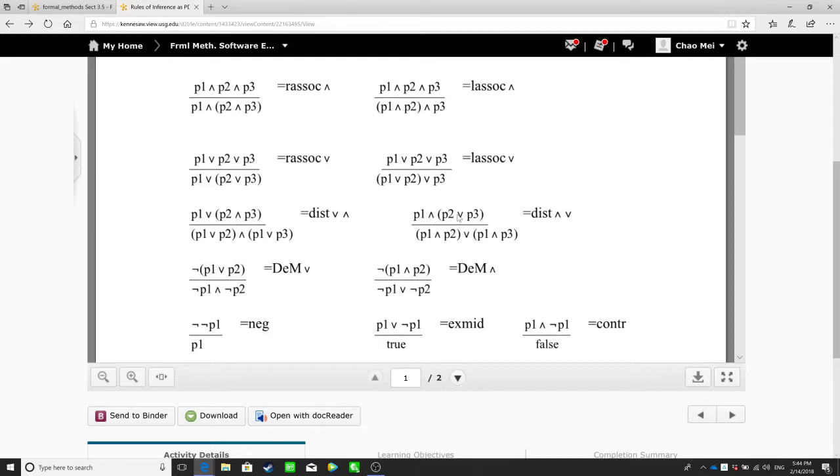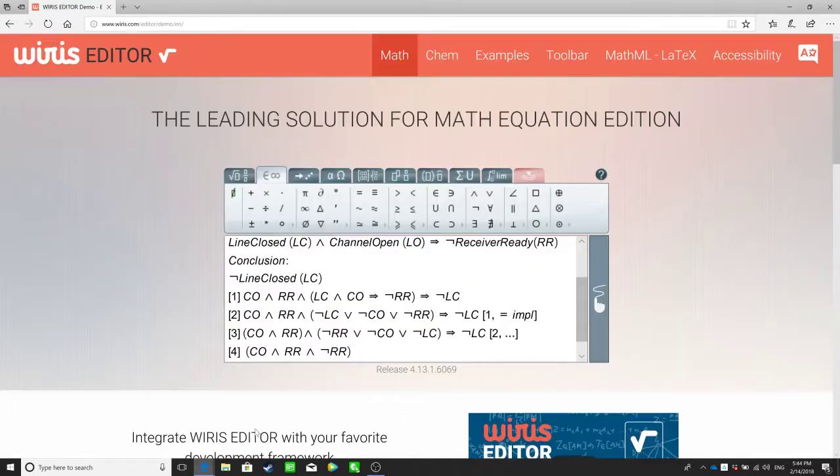If we put and into this or, we actually have this P1 and P2, but we keep this or, right? So here, we want to put this CO and RR into these 3 things. CO and RR and negation RR. The second thing is CO and RR and negation CO. The third thing is CO and RR and negation LC.